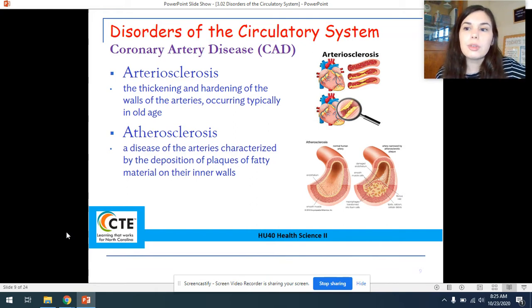So atherosclerosis is a buildup of fatty plaque within the arteries, and this can be prevented with lifestyle changes, diet and nutrition, versus arteriosclerosis, a thickening or hardening of the arteries, typically caused by old age.